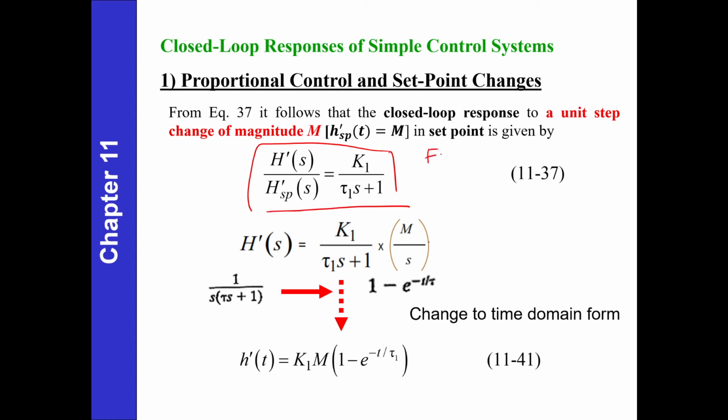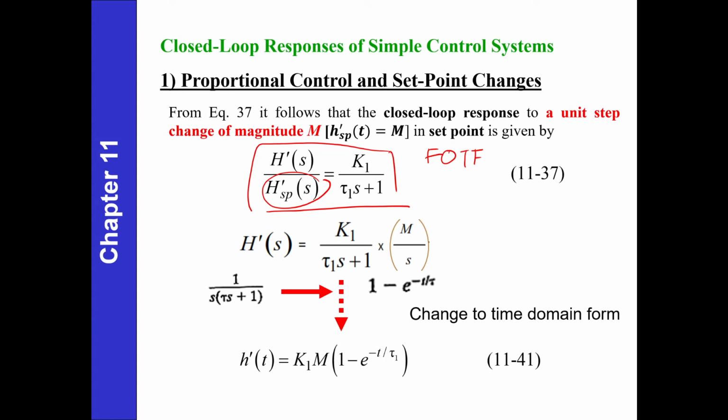It is a first order transfer function. From this first order transfer function, which is the closed loop transfer function for the system, we will start to introduce a set point change. Remember, last time you learned about several types of input.